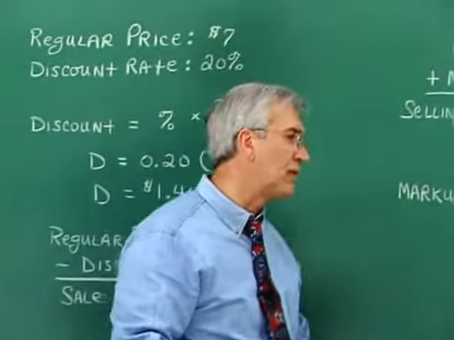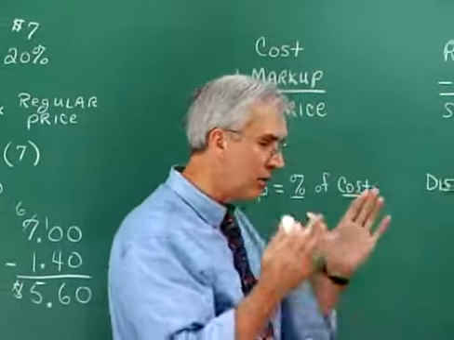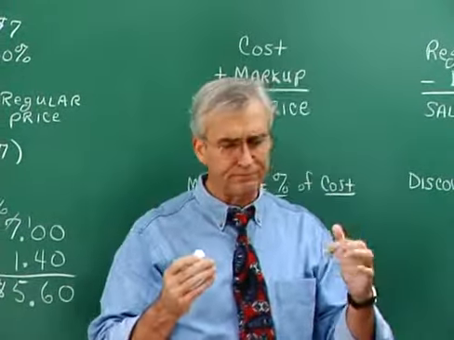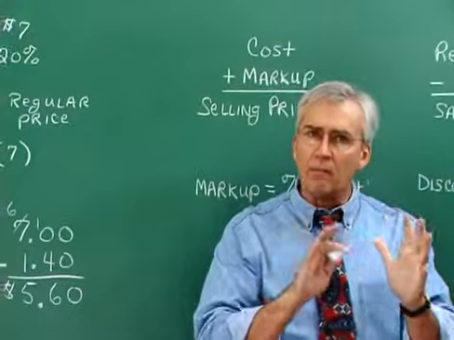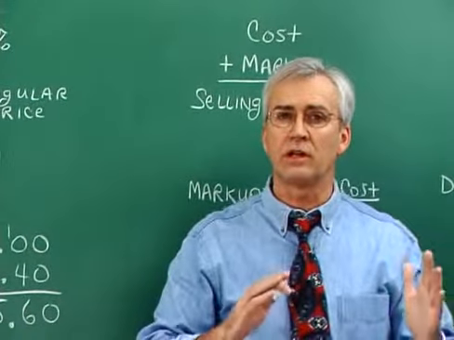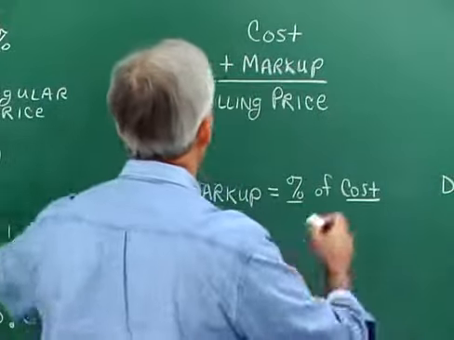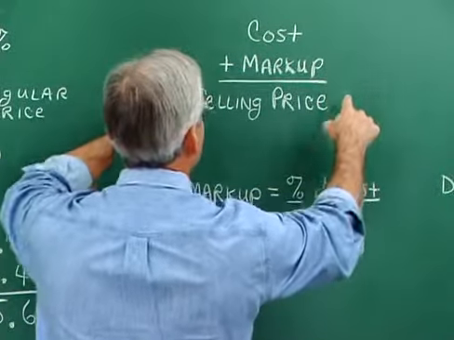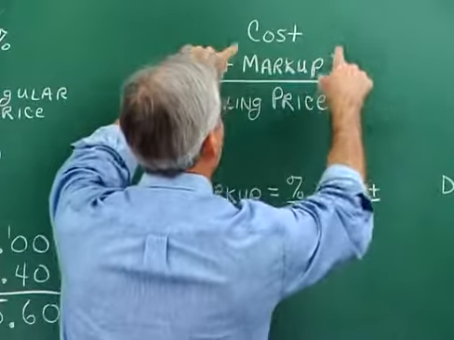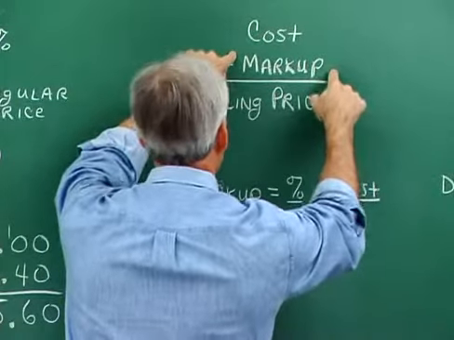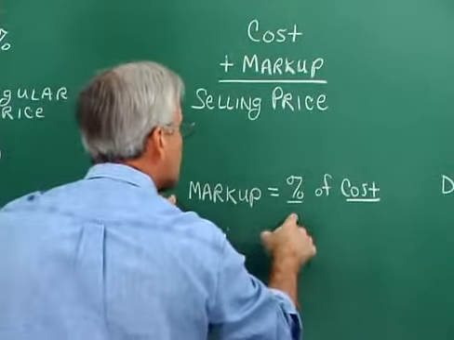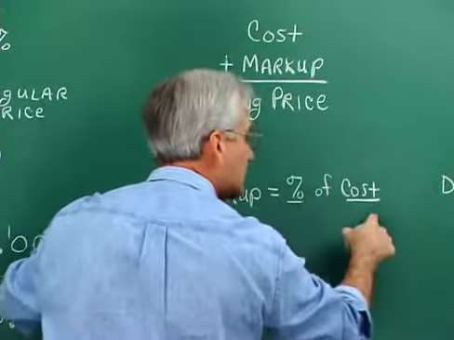Let's examine briefly here the relationship between the markup notion and the discount notion and how similar they are in the two processes. We know that cost plus markup is selling price, and that markup has a percent associated with it. The markup is percent of cost, percent times cost.